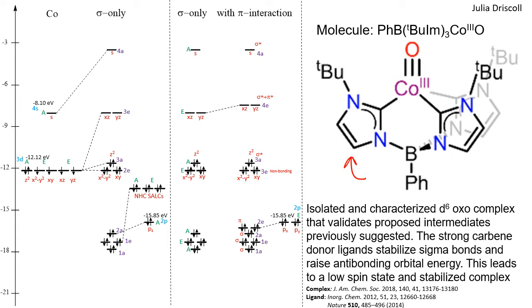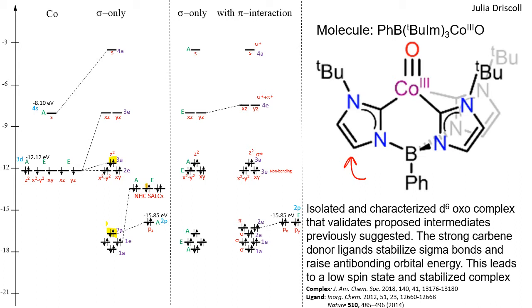So the paper showed that the dz² has a sigma antibonding relationship with the pz from the oxygen atom. So I showed that bond going down a little bit because of the weak sigma donor properties of the oxygen. And then the SALCs have very strong donor relationships.